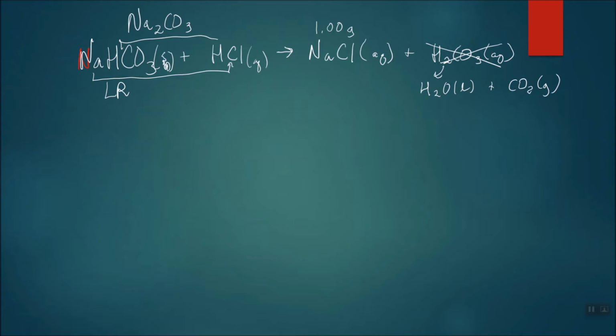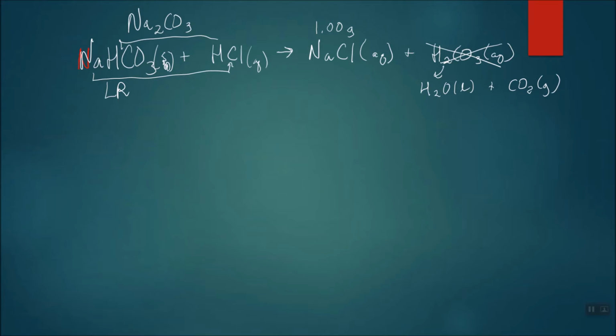That's going to be our limiting reactant. It's not going to matter how much hydrochloric acid we add. All that's going to matter is how much bicarbonate we add. So if we can, through stoichiometry, figure out exactly how much sodium bicarbonate we need, then we can add that to hydrochloric acid, and in theory it should produce for us 1.00 grams of sodium chloride.